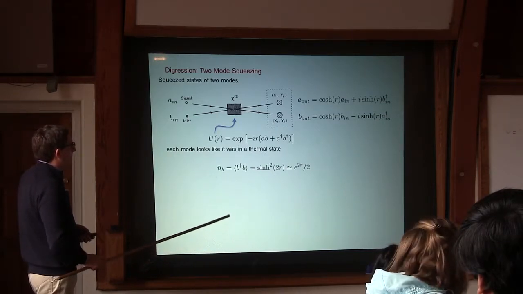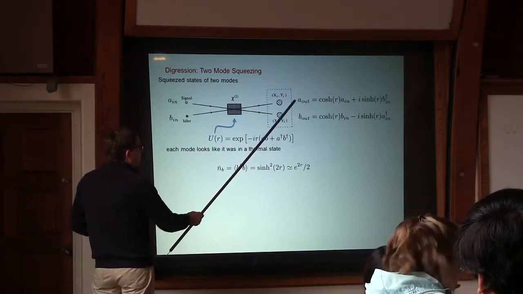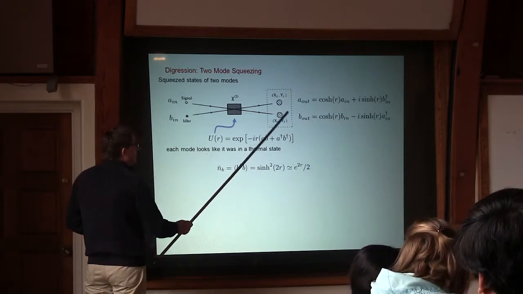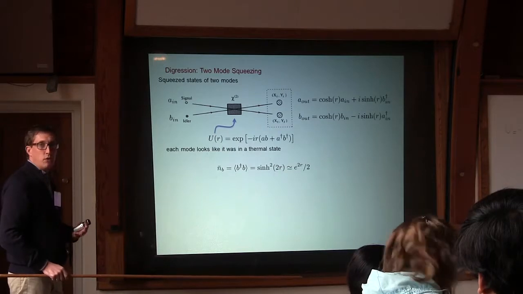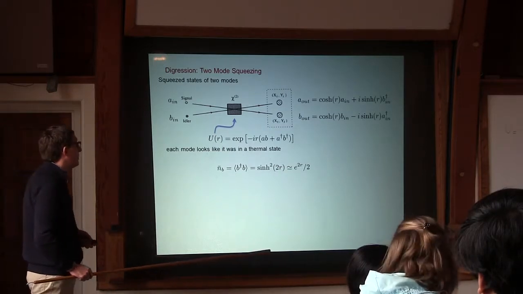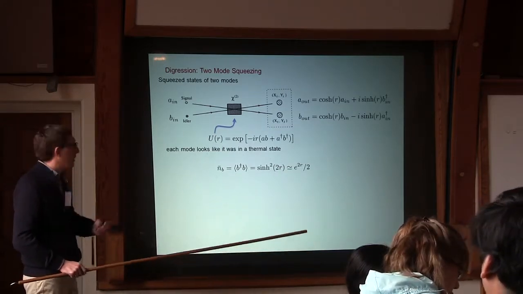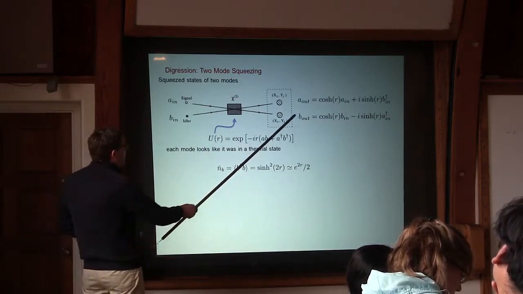So what are the properties of such a state? That description in the Heisenberg picture is completely equivalent to an analogous description which we can derive in the Schrödinger picture. So let's characterize those states.